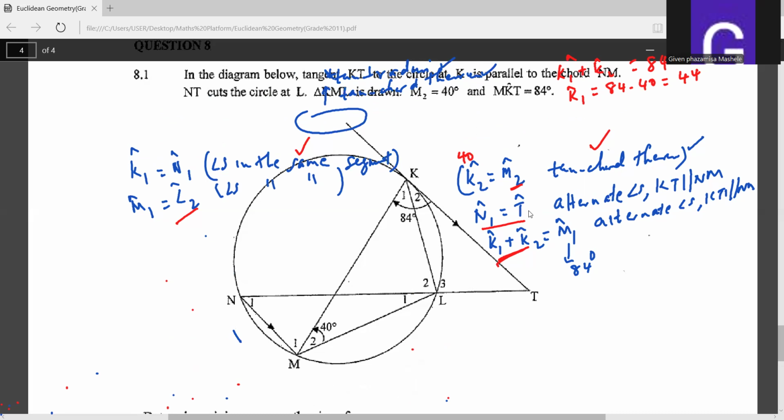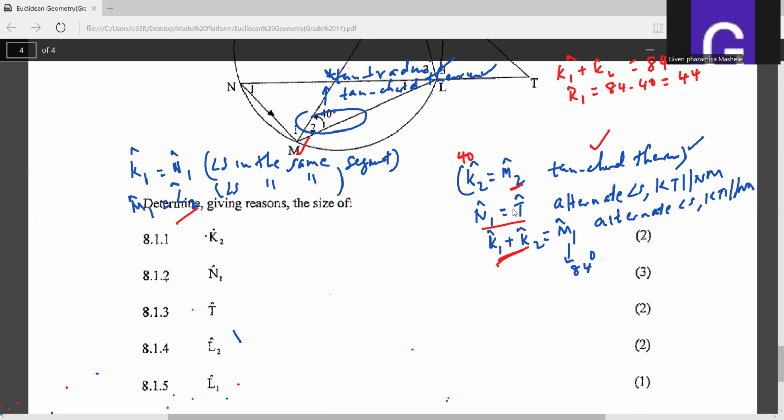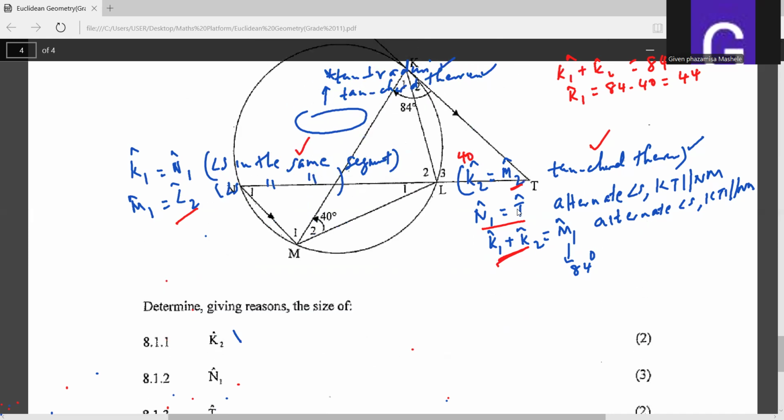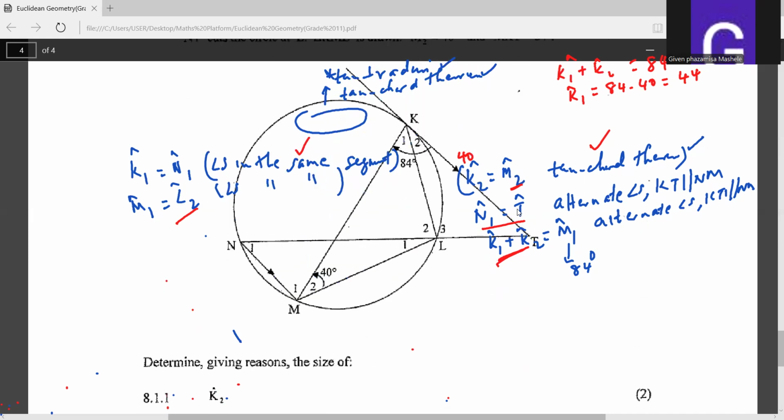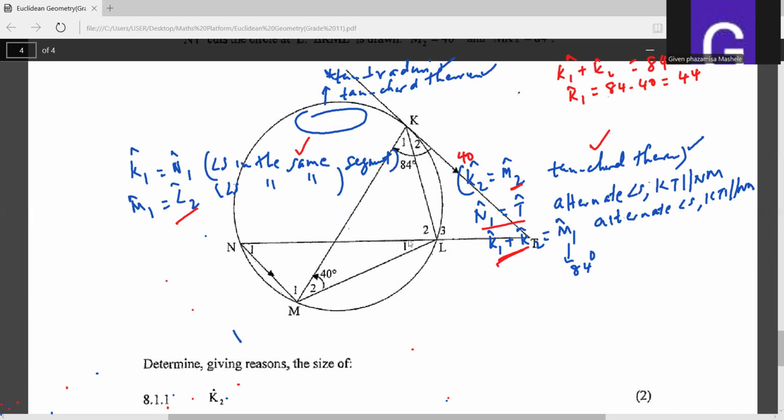Is it alternate angles? Yes, K1 plus K2, it's alternate angles. Then L2 equals M1, angles in the same segment. Then the last one is L1. We're going to use the sum of angles in the triangle to get the answer.